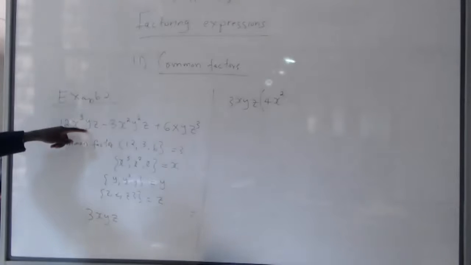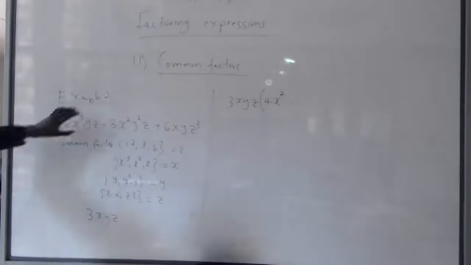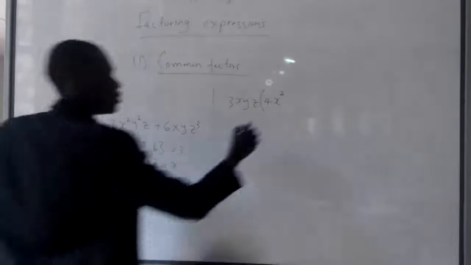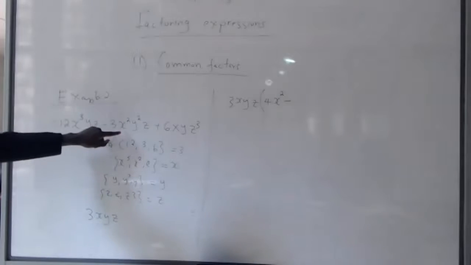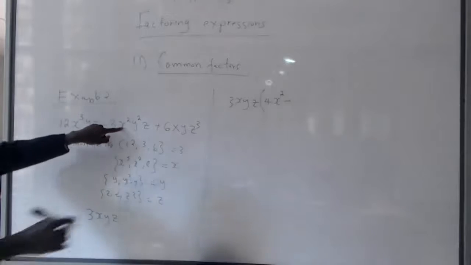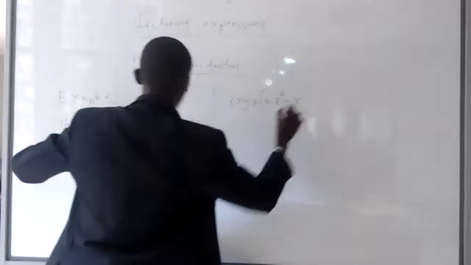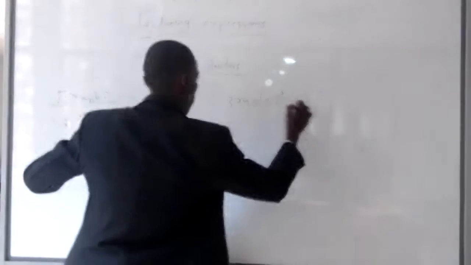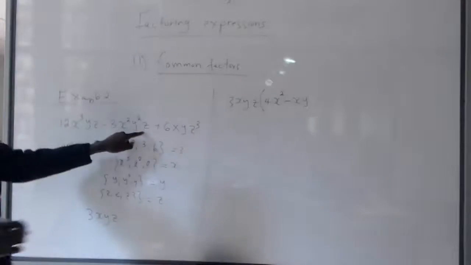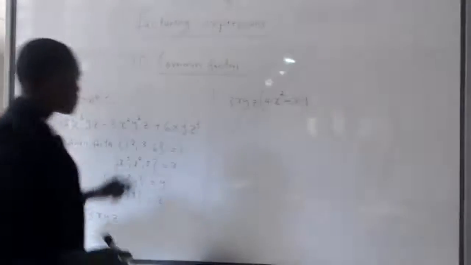Y goes into y once, z goes into z once. So we are done with the first term. Then we move to the second term. 3 goes into 3 once, and then x into x squared is just x. Y into y squared is just y. Then z into z is just 1.